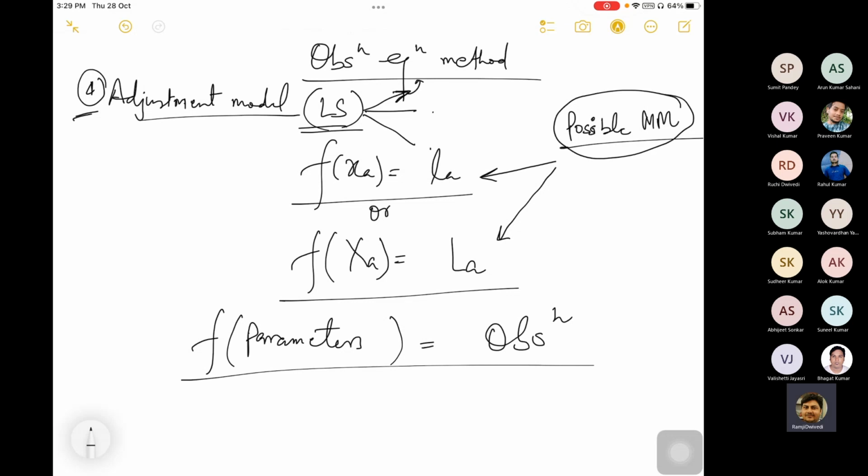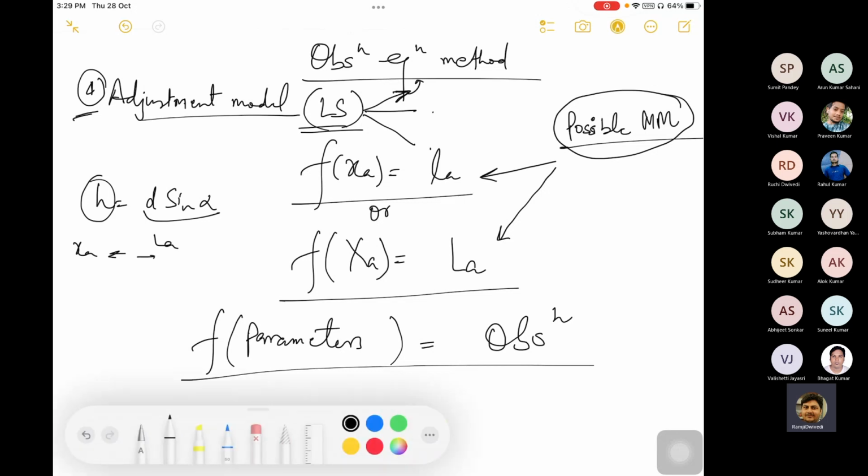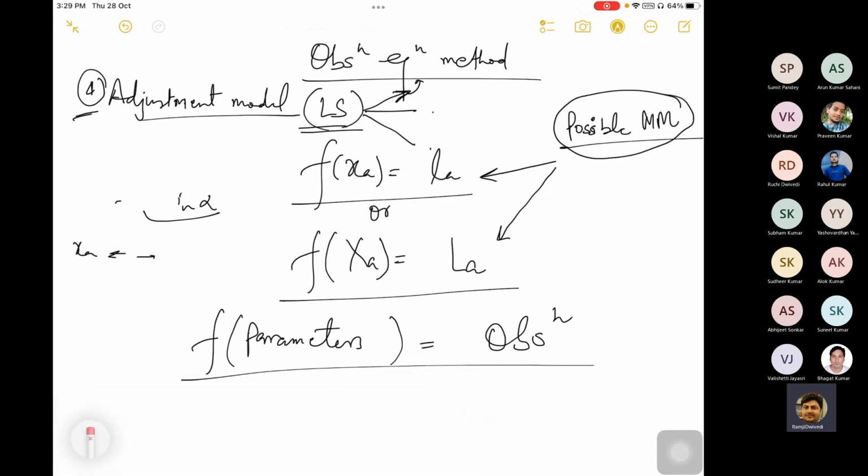Just like h = d sin alpha. h was the XA, this was the LA. So there is a proper separation. There would be certain cases where chances are that you would have a proper separation.